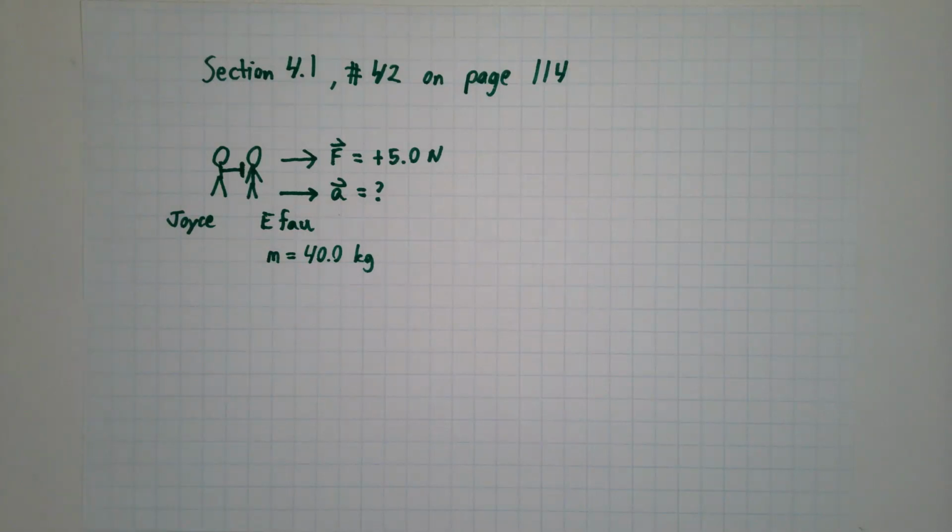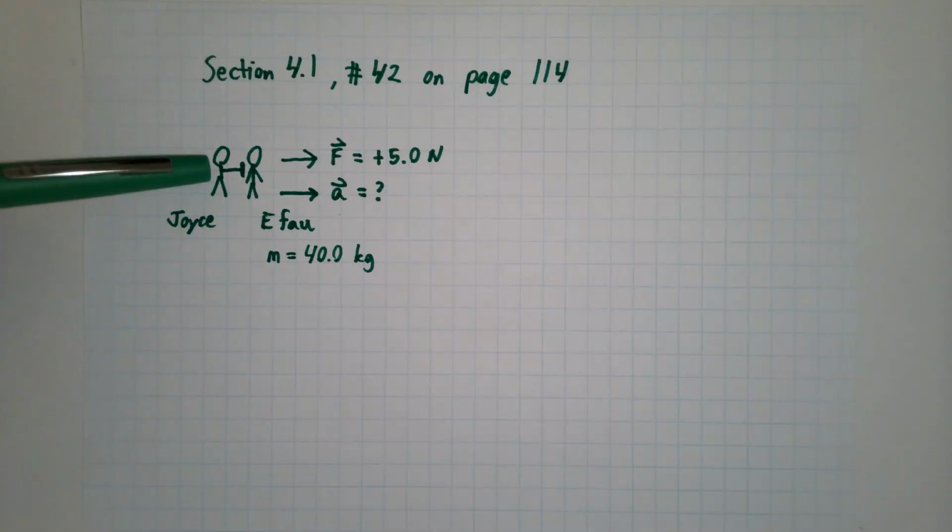The situation we have is two people on an ice skating rink, which for our purposes is a frictionless surface, so we can neglect the force due to friction. Our two ice skaters are Joyce and, I believe it would be pronounced, Ifao.